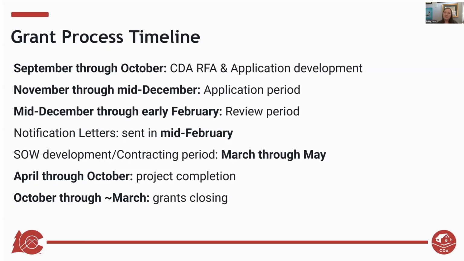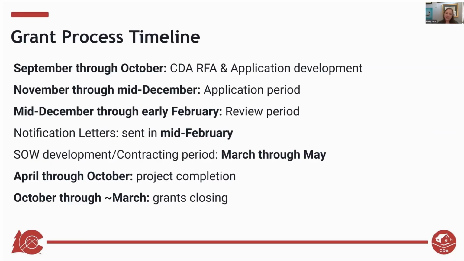So mid-December through early February is when we do the review. It's our review period. We create a review committee that's made up of a number of advisory committee members from all different backgrounds. And of course, every staff member on the noxious weed program, along with other CDA staff. So we typically get somebody from the insectary and somebody from the conservation district, conservation board to help us review those grants.